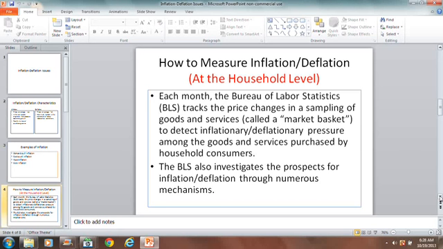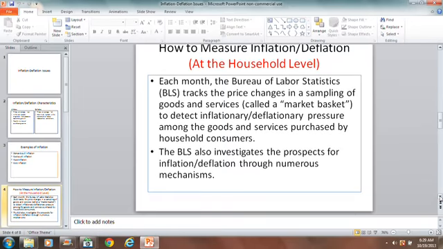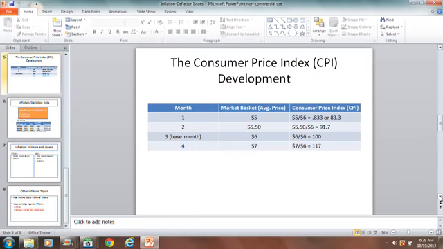The Bureau of Labor Statistics also has ways of detecting inflation at many different levels: wholesale, by particular products, and many different approaches they use to try and identify and isolate inflationary pressure. In terms of how they do this, they have to develop something called the Consumer Price Index.